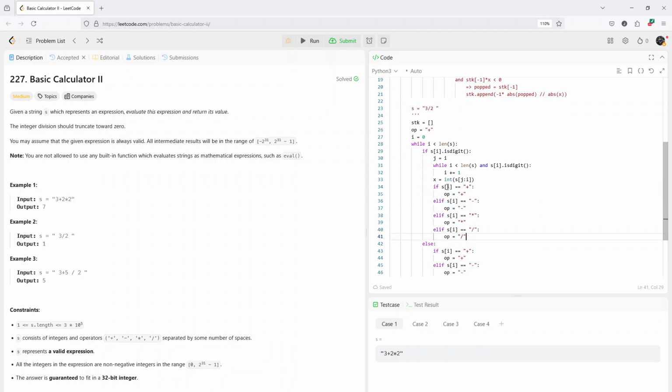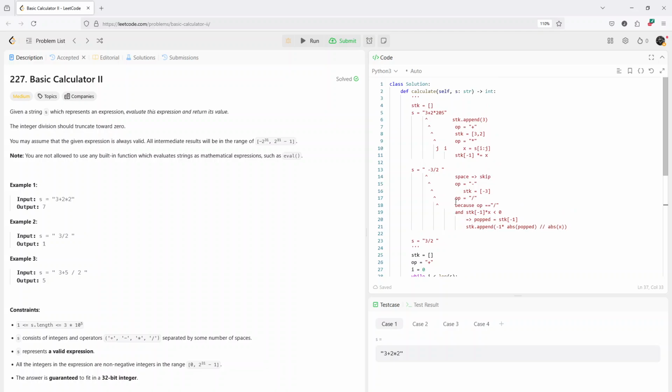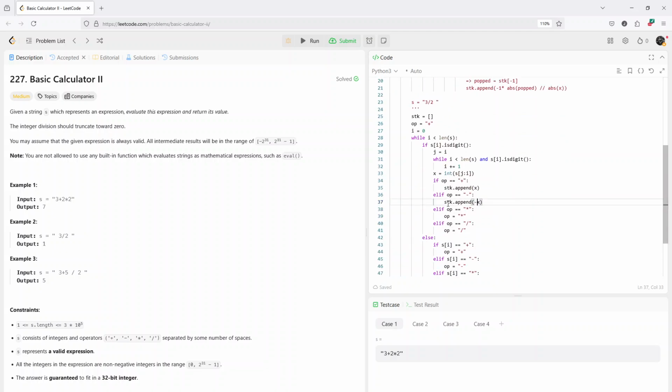I'm going to grab all this, and this is going to be op instead. So in this case, we just append the number to the stack. Same thing here, except because you have the minus sign, we're going to do the minus of x. Then we got times: as I mentioned here, we're going to do the last element of stack times equals x.